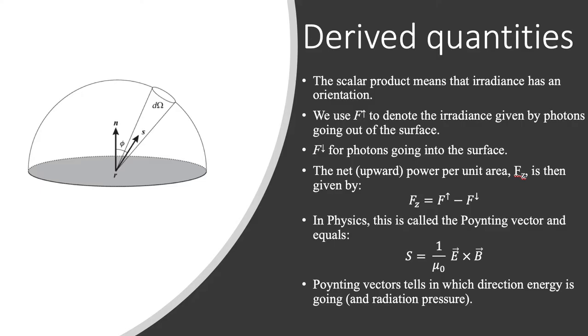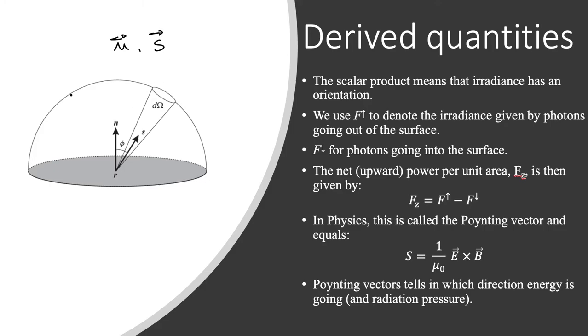angle. Of course, the fact that there is a cross product between the vector that is normal to the surface of the sphere and the beam of light, s, means that spectral irradiance and irradiance have an orientation. So if there's a beam of light that is coming out of the surface, then this cross product will generally be positive, okay?